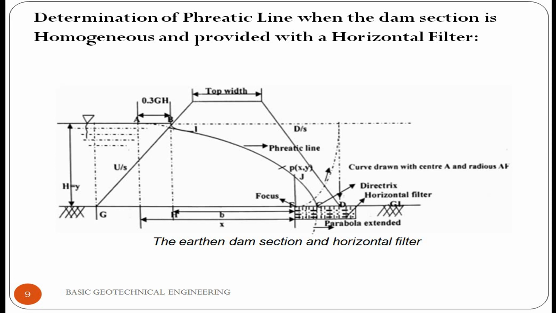When steady conditions have been reached, the discharge crossing any vertical plane across the dam section will be the same. So the values of I and A can be taken for any point on the seepage line.